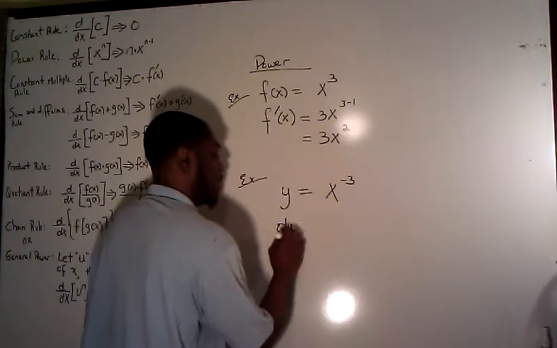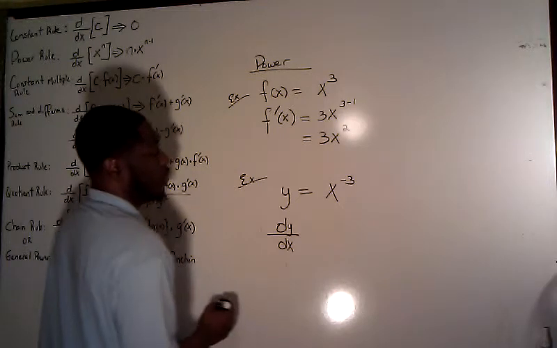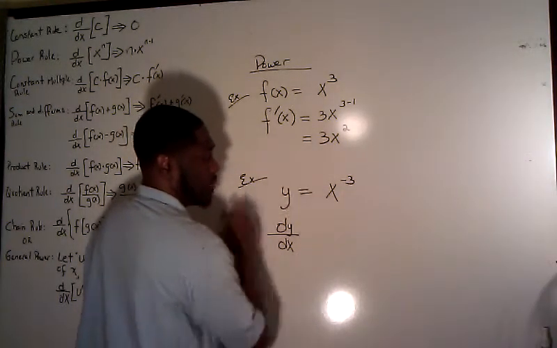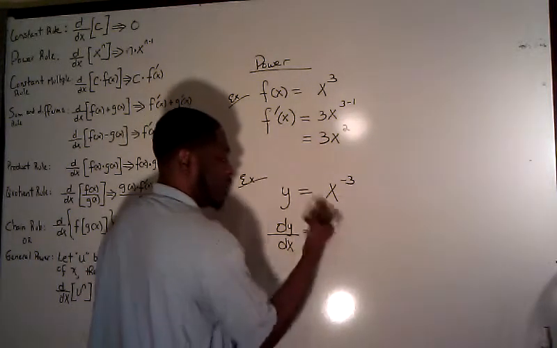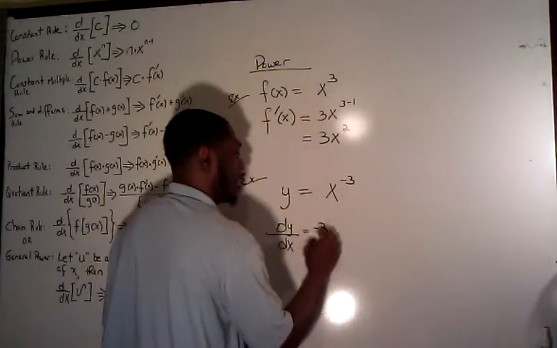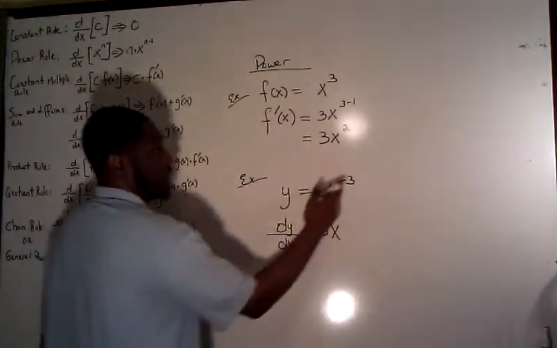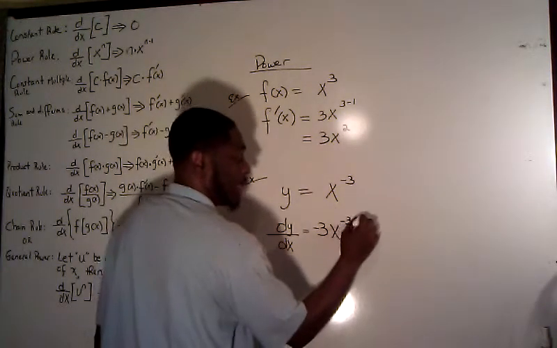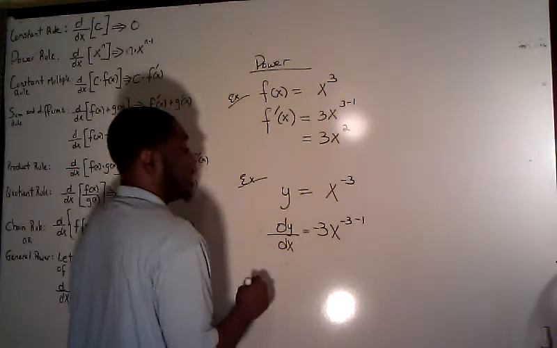Let's use the dy dx notation. So dy dx will be, again using the power rule, multiplying this power times the coefficient. That would be negative 3 times 1, which is negative 3. Then putting x, the base, and subtracting 1 from the power that was originally there, so x to the negative 3 minus 1.